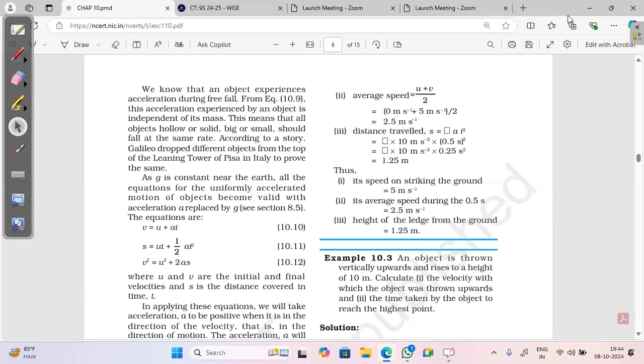So first of all, are you clear that whether it be a heavy object or a light object, it should fall towards the earth with the same acceleration, and it should take the same amount of time.